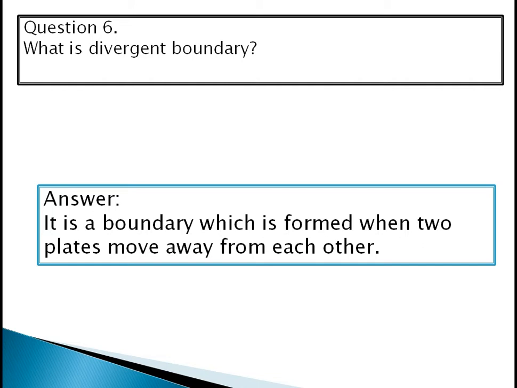So convergent, divergent and transform are the major causes in the plate tectonic theory, and by all this activity the formation of all the physiographic features happened. This part is removed from your syllabus, so just to make you aware of this, I am placing all these questions.